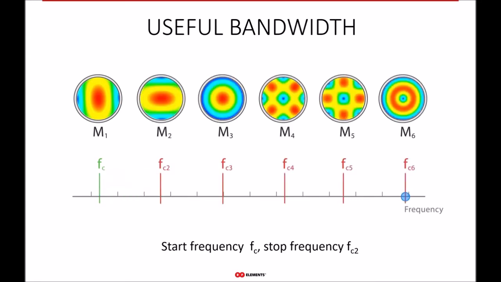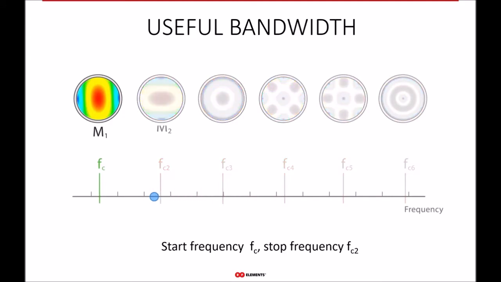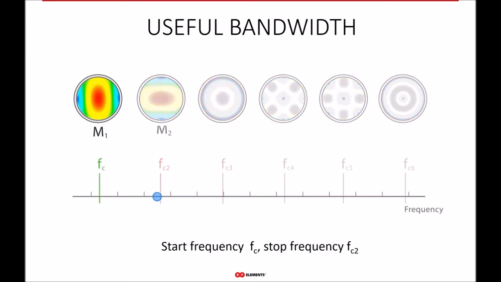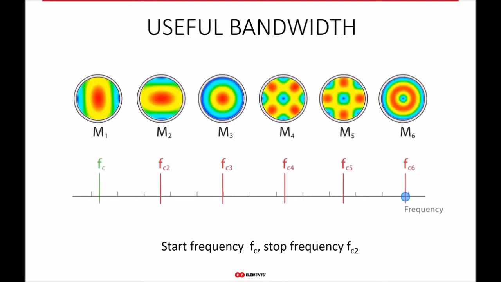So in this bandwidth, we are sure that only the first mode exists in the waveguide, which makes the horn radiation pattern and its overall behavior stable and lets us also radiate or deliver maximum power from the radio to the antenna and onwards to the space when it's radiated. So this single mode bandwidth is what poses the practical limit on the bandwidth in which the horn antennas can operate.